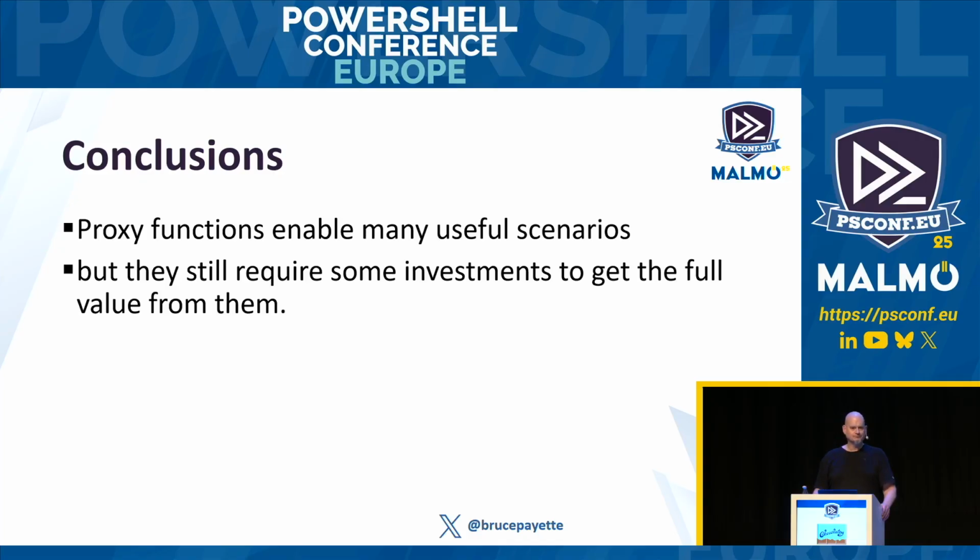Yeah, so, question? You do import Windows module, and then whatever the module you're importing is, and it generates proxy functions for everything that's in that module, and then does implicit remoting to the child process, not to another machine.